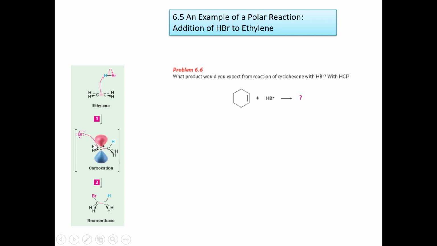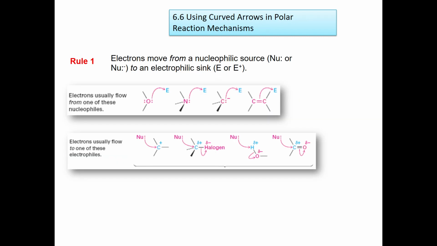Okay, transition state is a maximum of energy in the diagram, and intermediate is a minimum of energy. Okay, when the bromide attacks the carbocation intermediate, because it's negative and we have a positive here, that means the negative will attack the positive, we generate the bromoethane, that is our final product. Okay?